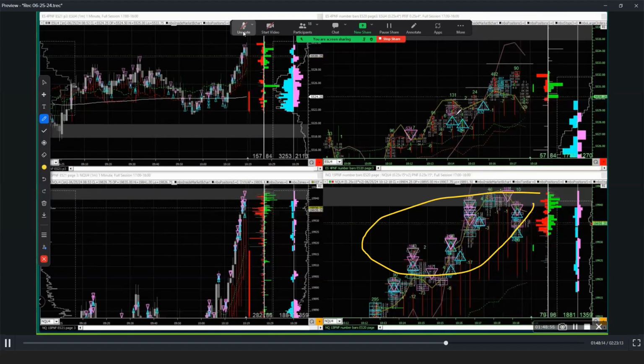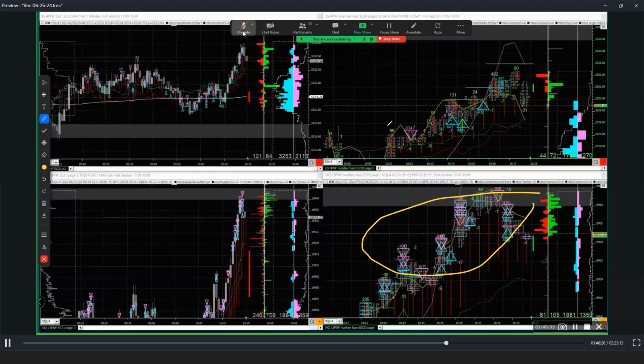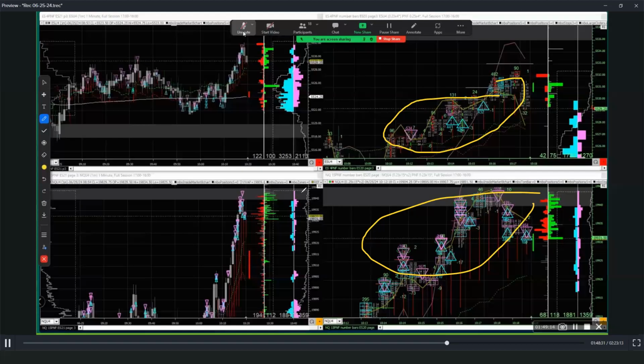But the information that just these set of triangles gave us when trying to read the market by setting up a story, and knowing when that imbalance goes away, the market could release.